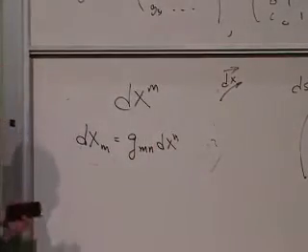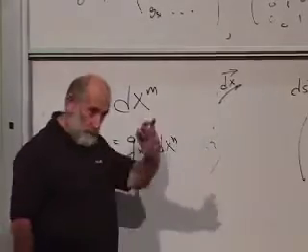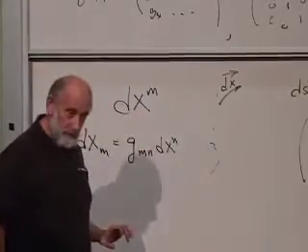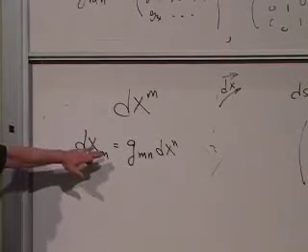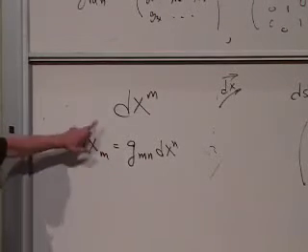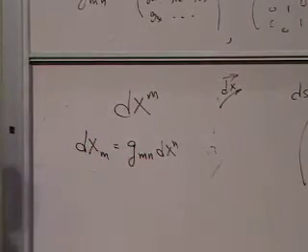The natural thing to define to start with is the contravariant components, those are just the little intervals dx. But then nothing prevents you from constructing the covariant version of the same object. And this is the way you would do it.